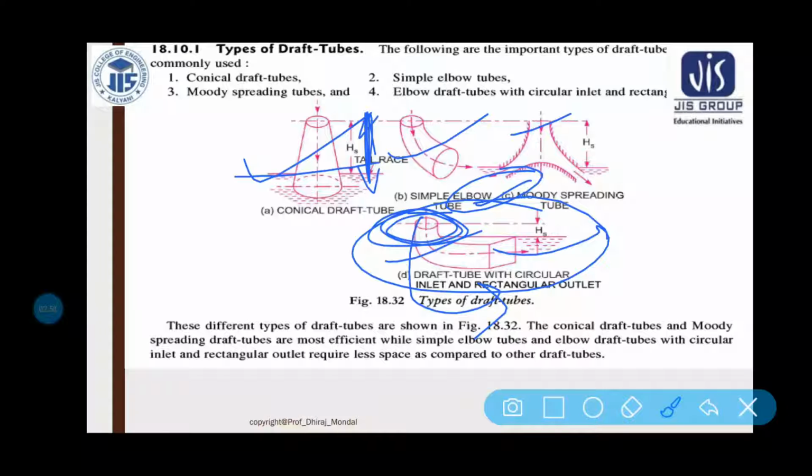This is the datum line at the outlet of the turbine, and the water is discharged here in the tail race. The tail race is below the ground level. This is the sea level, this is the water level, and this is below the ground.